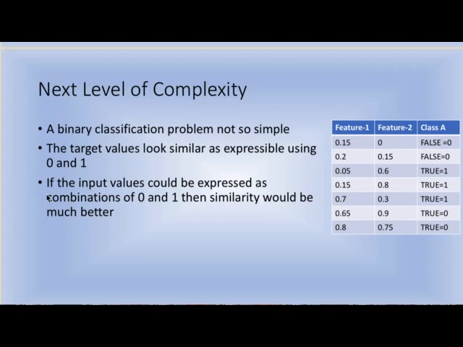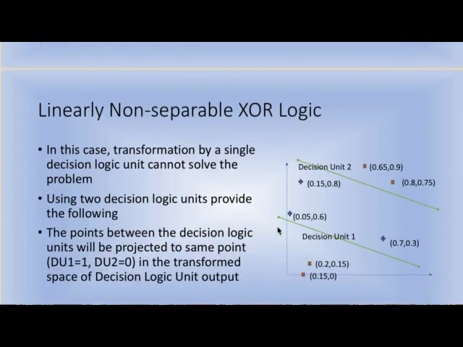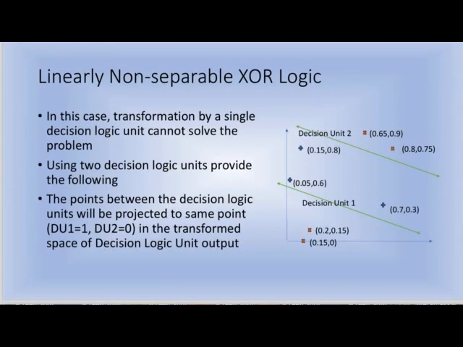In this table, again, the target values are in the last column for class A, and we see that the target values are 0 for the 2 points at the bottom row, and that's the only difference between these two problems. And now we'll see what happens when we project these points on the geometrical space.